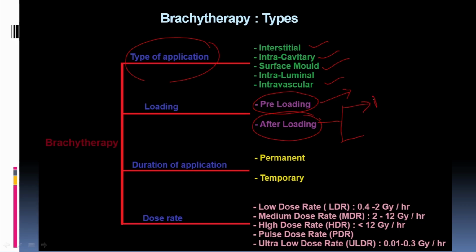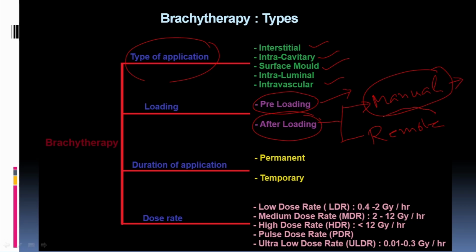One is manual afterloading, where the person needs to apply the radioactive isotopes by hand, and it is also a very radiation-hazardous procedure. So this is also obsolete nowadays.